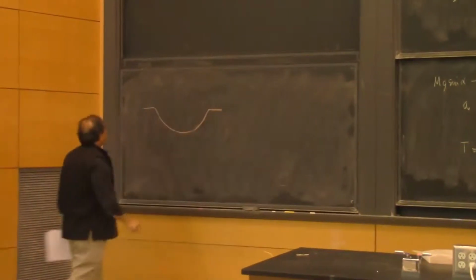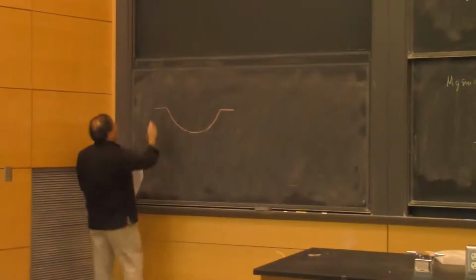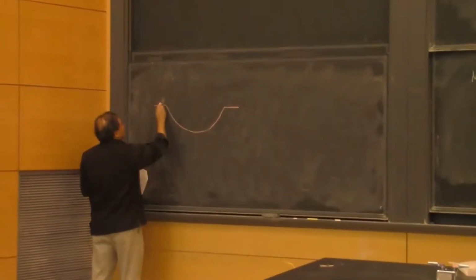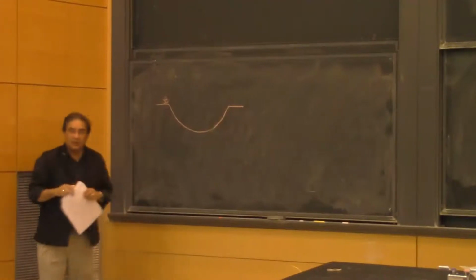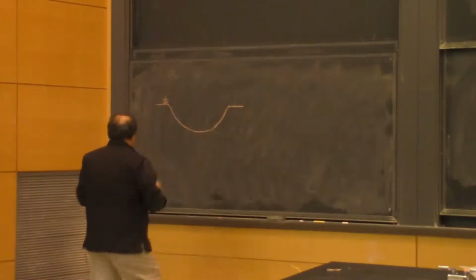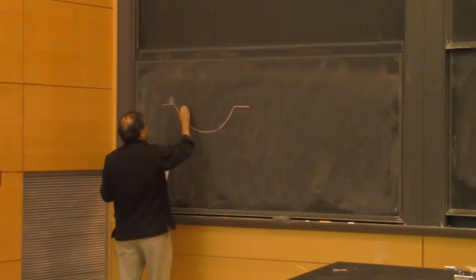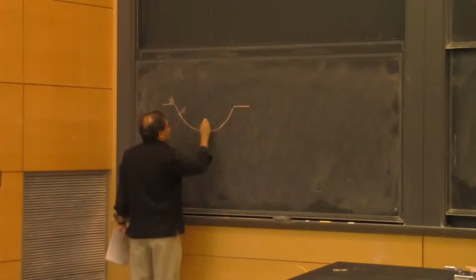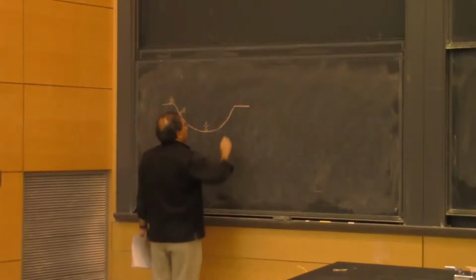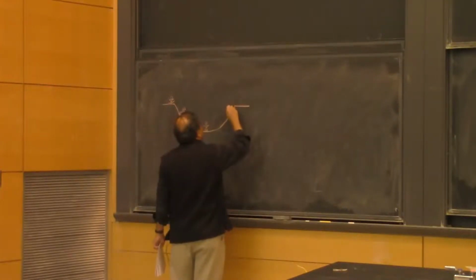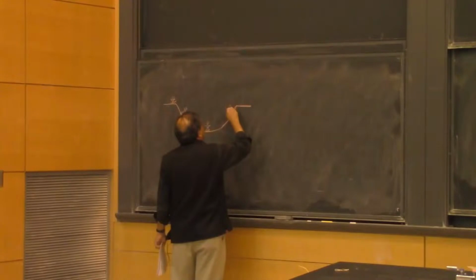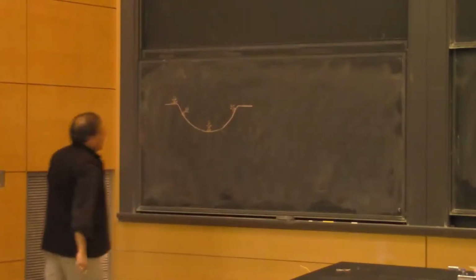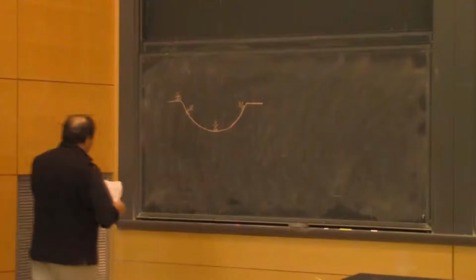So here you are, let's say skateboarding, coming along, right? And then you are going down happily. Here you are at the lowest point. And then you are coming back up again. Okay? So let us see what's going on over here.